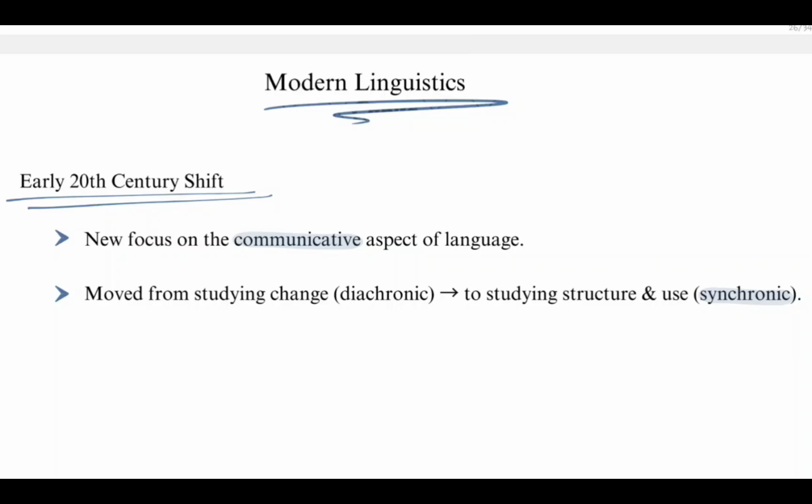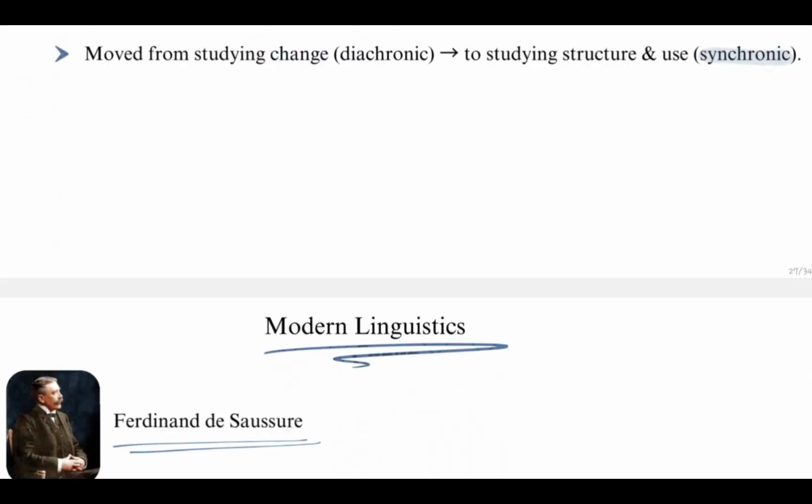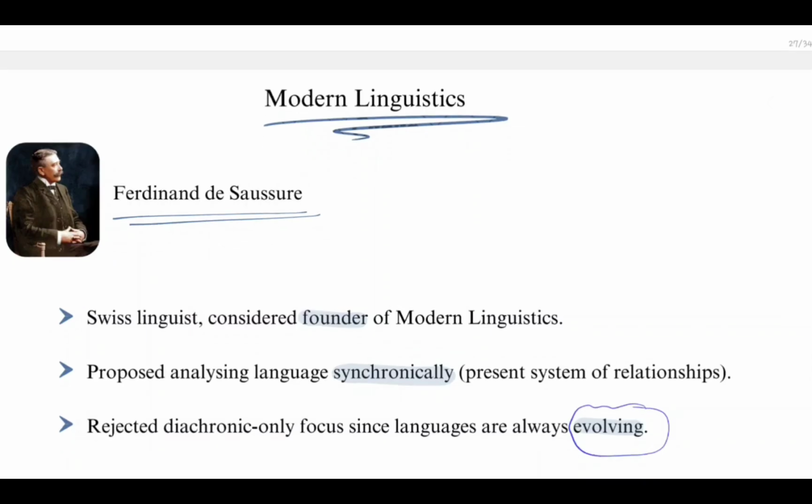So again, they moved from studying change diachronically to studying structure and use synchronically. And obviously, when we speak about modern linguistics, we're literally always referring to Ferdinand de Saussure, all right?